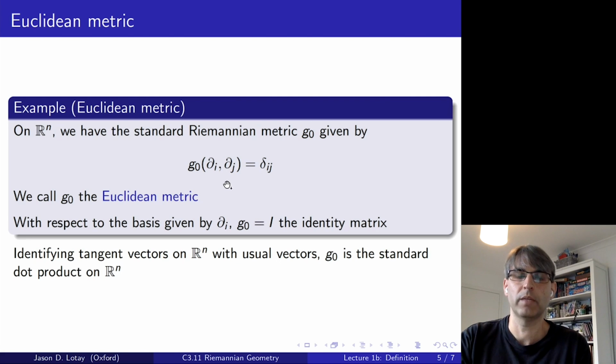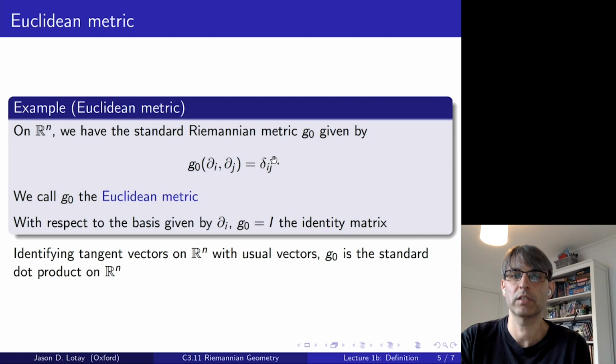Now I should have said, and I'll say it again later, that sometimes we'll drop the word Riemannian in front of metric when talking about Riemannian metrics on manifolds, just for brevity. Now what we see is that with respect to the basis given by the standard vector fields, this Riemannian metric G_0 is nothing other than the identity matrix, right?